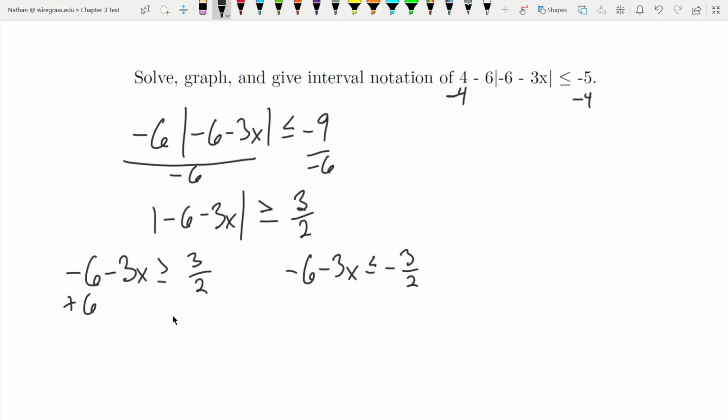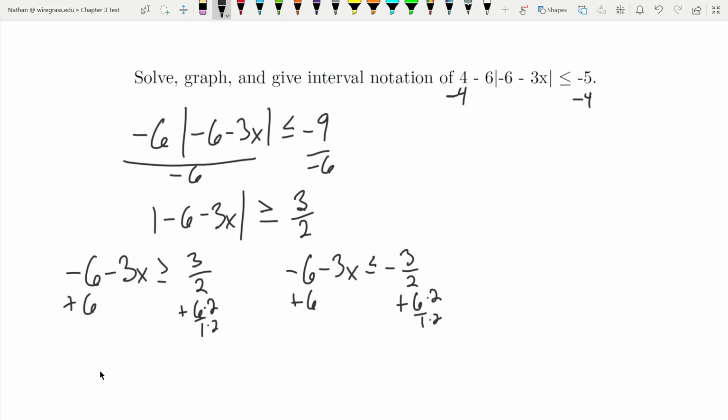So add 6. Because we're adding to a fraction, I'm going to write this as 6 over 1. I need common denominators, so I'm going to multiply it by 2 because that gives me common denominators. The same thing is true for this one.